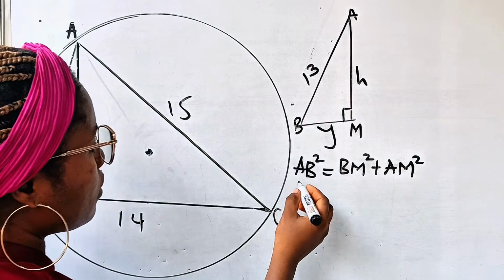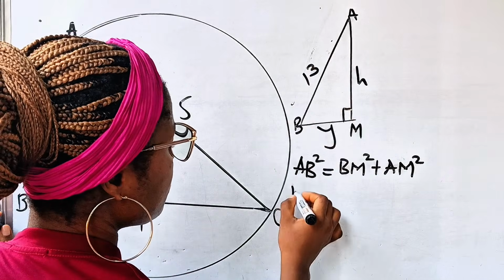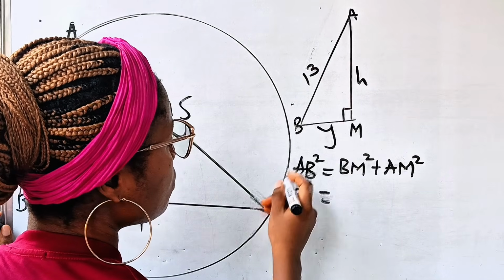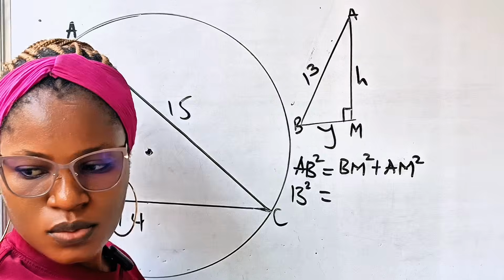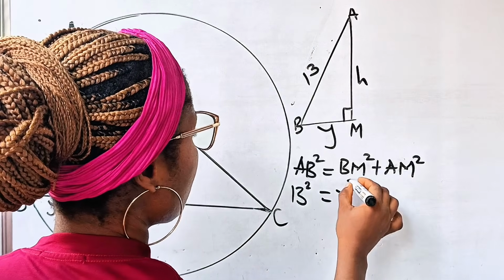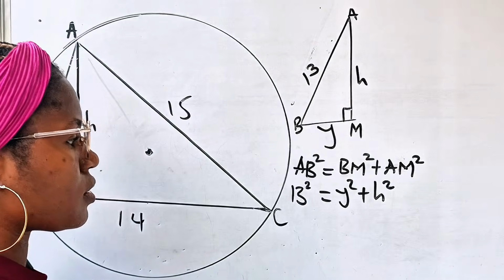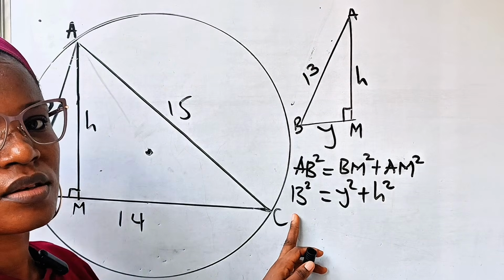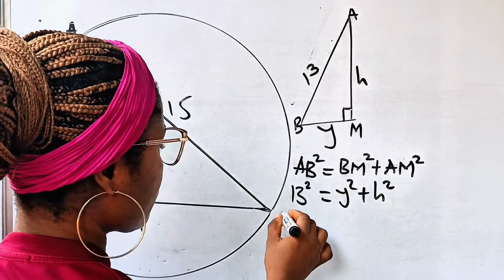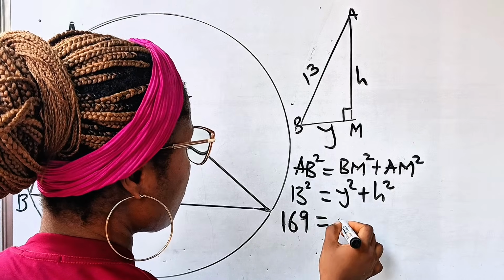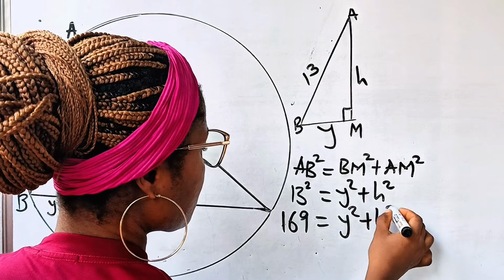Alright. Therefore, AB is 13, so we have 13 squared is equal to BM, which is Y, so we have Y squared, plus AM, which is H, so we have H squared. So 13 squared is 169, so we have 169 is equal to Y squared plus H squared.